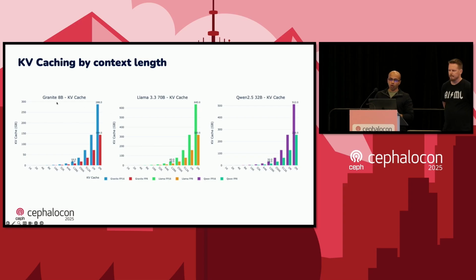Even a smaller, more optimal model like the IBM Granite 8 billion has a KV cache size of 288 gigabytes. So think about a node with a limited number of GPUs with limited HBM, and try to fit these sizes.